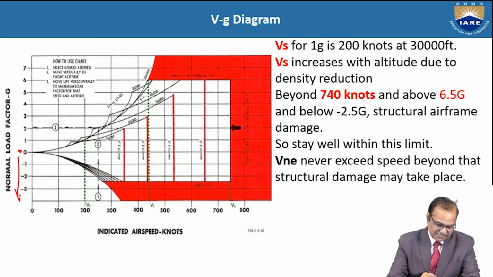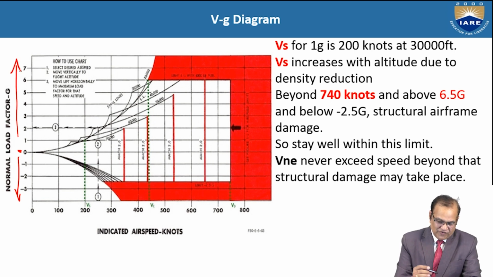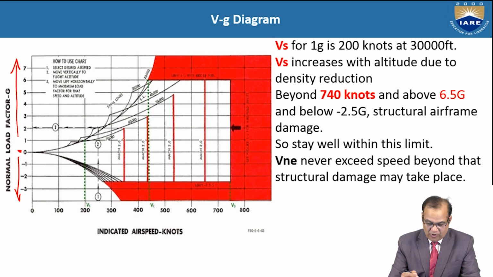This is the minus this side and this is the plus side. Plus load factor here it is shown up to 7, up to 6. So here you can see we have the different Mach number, 2.0.